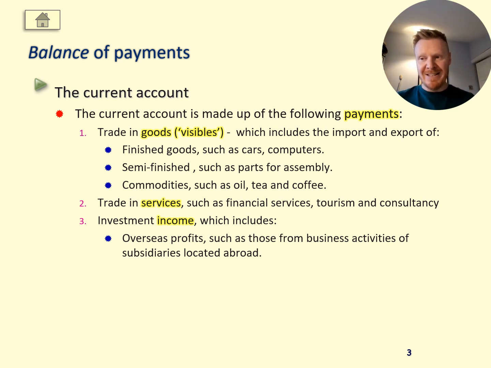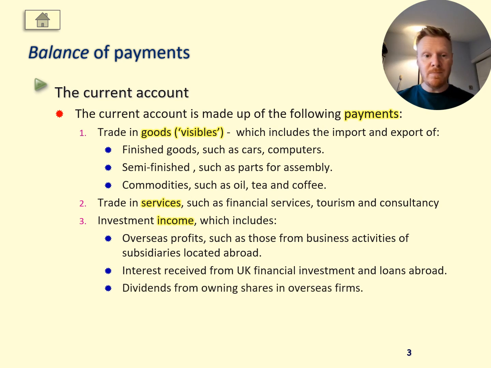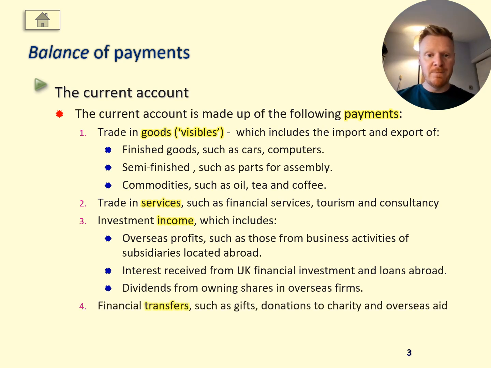Toyota, a Japanese company that operates up in Sunderland, the profits from that factory will go back to Japan, and that would be an outflow of investment income from the UK to Japan. Interest received from UK financial investments abroad, dividends from owning shares in foreign companies.